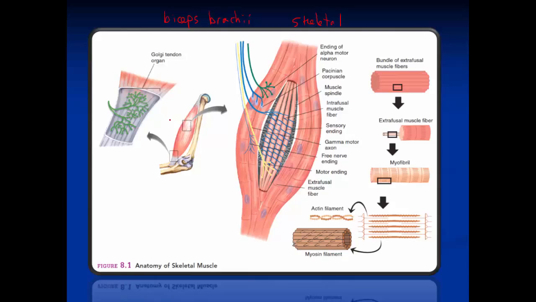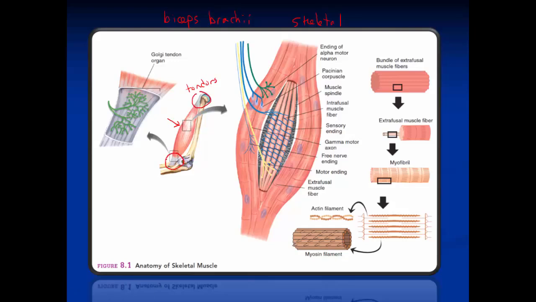Now, if you look at the structure, we're going to have this nice big belly. That's the bulk of the muscle. So when I flex a muscle, you get that nice big bulge, right? That's the biceps brachii. Now nearly all muscles are going to be attached to bone through tendons. That occurs at each end of the muscle.